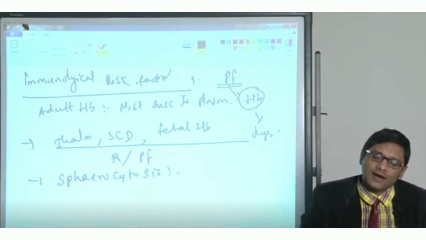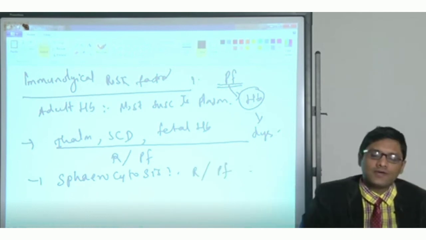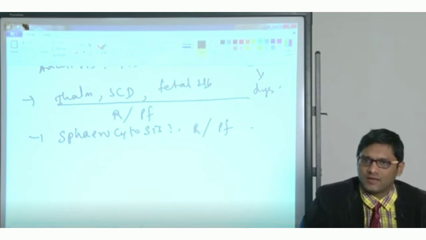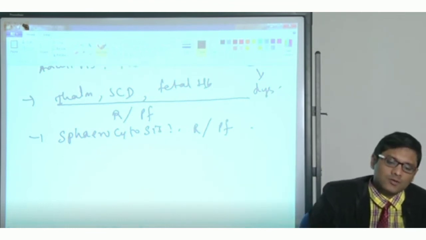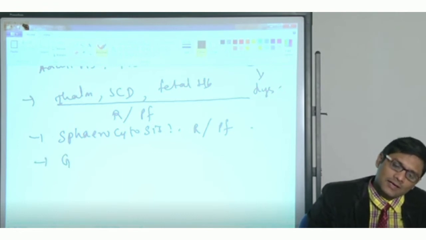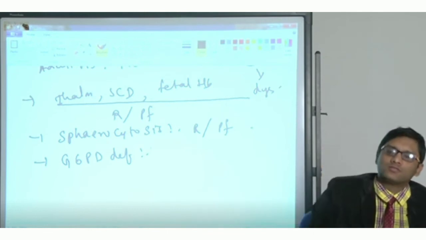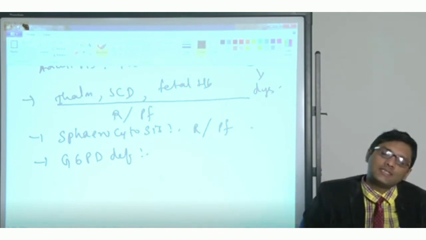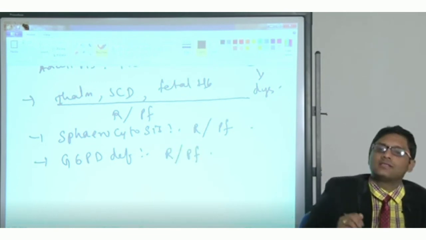So this is a condition where also it will be resistant to the malaria parasite. The infection cannot set in, the parasite cannot infect inside. Similarly, G6PD enzymes are essential for Plasmodium to survive. So if you are G6PD deficient, again those patients will be resistant to falciparum.